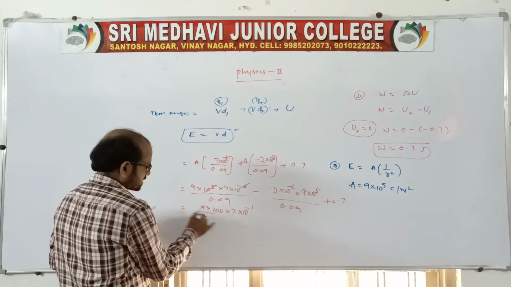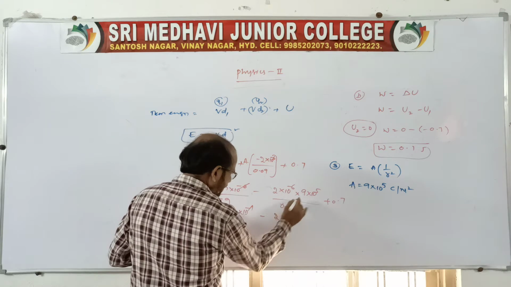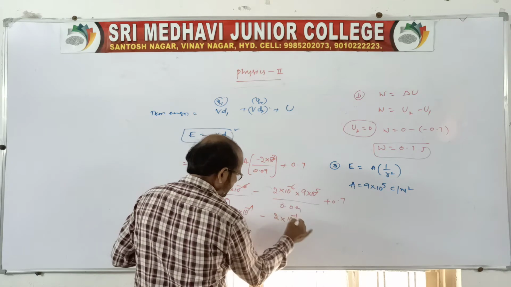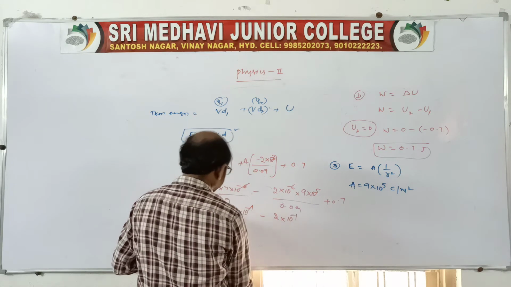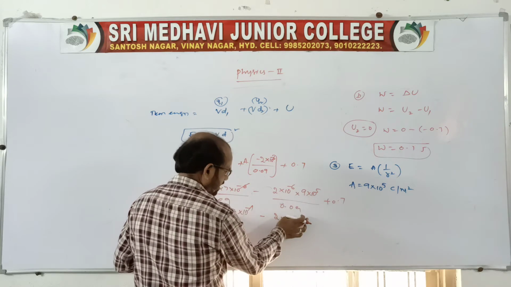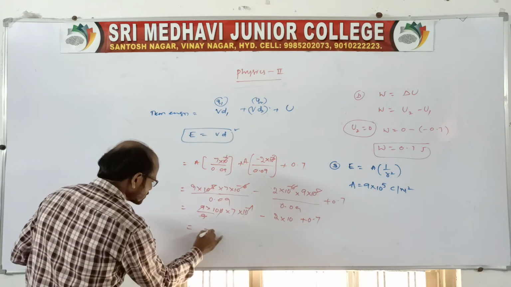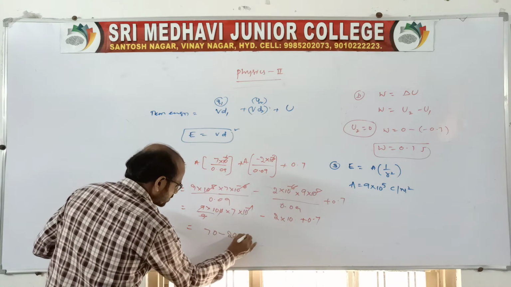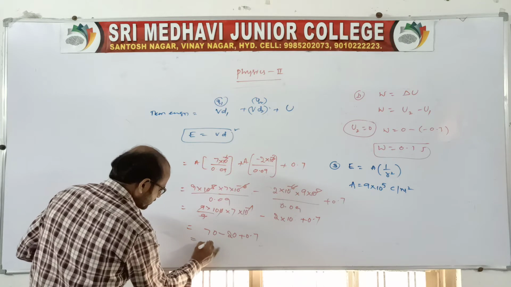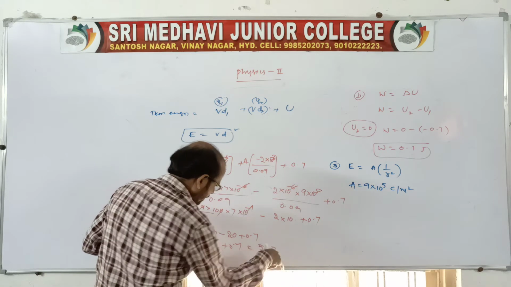Therefore 9 is cancelled, and 10 power minus 1 will be there. Here also 9 will cancel, and this 10 power will cancel, plus 0.7. So 70 minus 20 plus 0.7, approximately 50 plus 0.7.